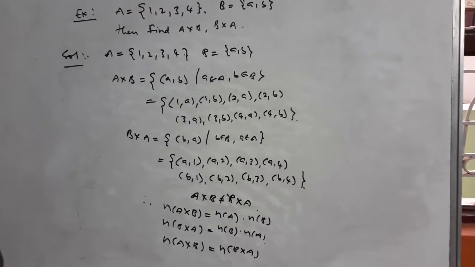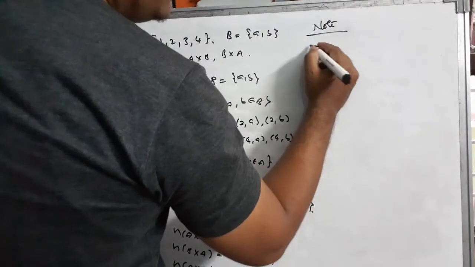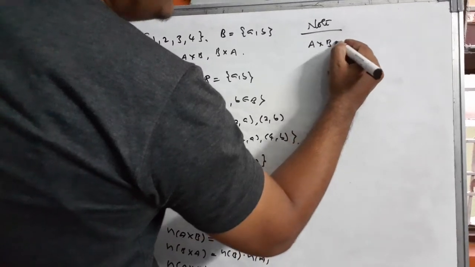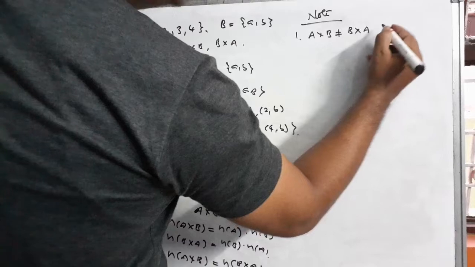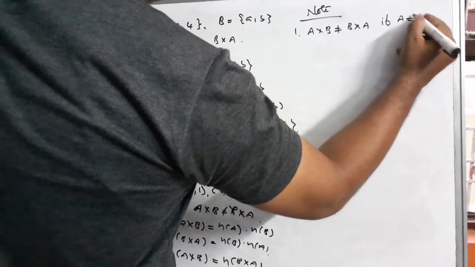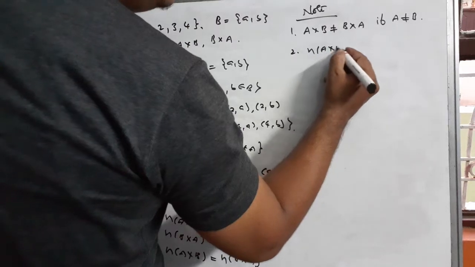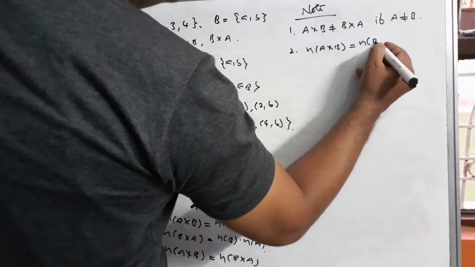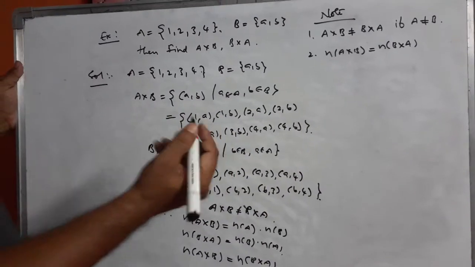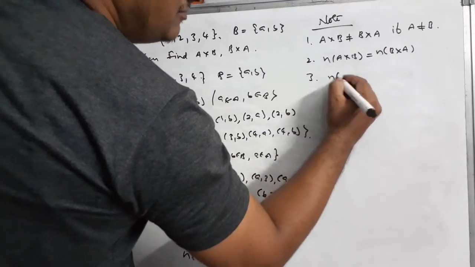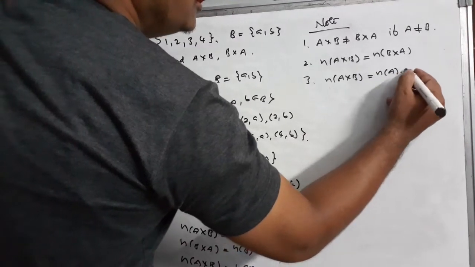So note: first, A cross B is not equal to B cross A if A is not equal to B. The second note, n(A cross B) is equal to n(B cross A), that is nothing but n(A) into n(B). The third one, write down, n(A cross B) is equal to n(A) into n(B).